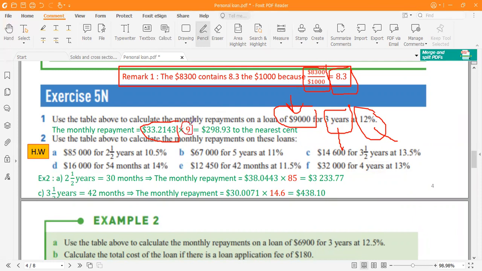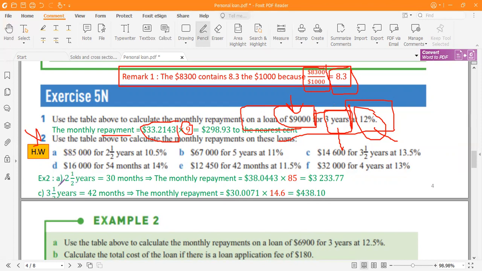So we multiply the monthly repayment per $1,000 by 9 to obtain the monthly repayment on a loan of $9,000 for 3 years at 12% interest rate. And you can take exercise two as a direct application, and you can imitate the same strategy to solve it, very easy.